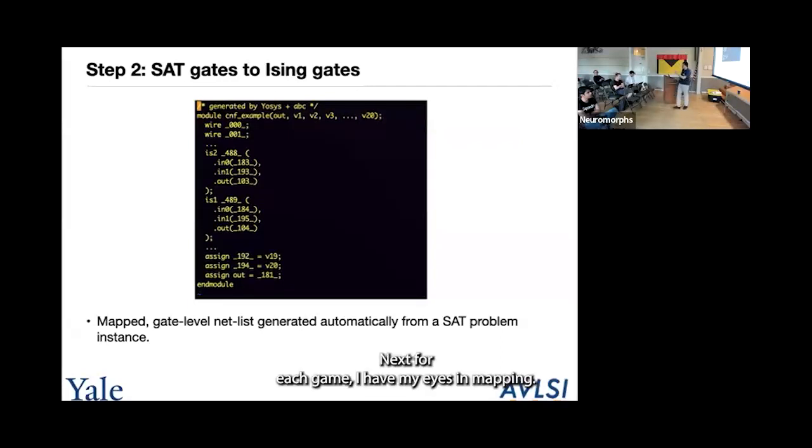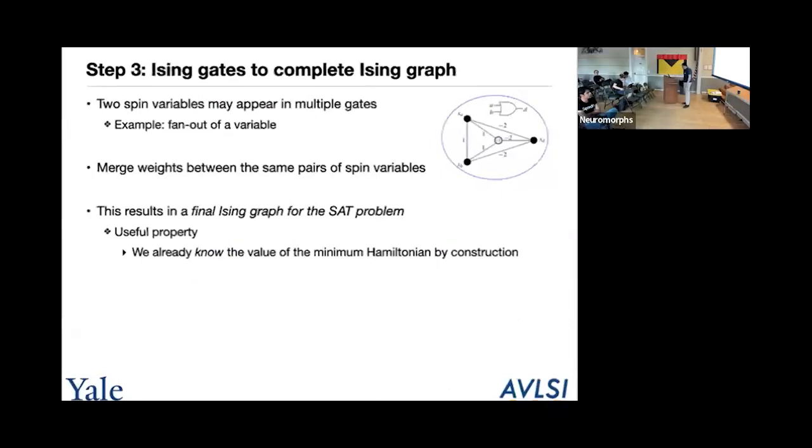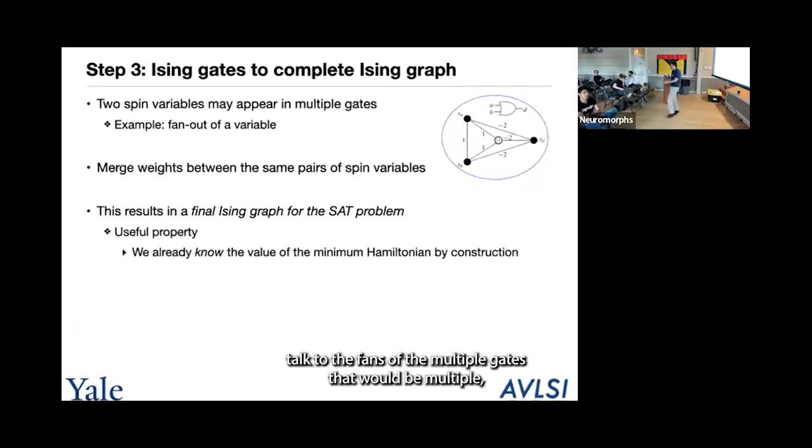Next, for each gate, I have my Ising mapping. So then, of course, you have fan out, so there could be multiple couplings between the same two spins, so you have to consolidate all the weights. A variable that fans out to multiple gates could have extra weights I have to connect to it. I get fan in, I get more connectivity than just the simple gate connectivity and the gate topology, right? So you have to consolidate all that and get the final answer.